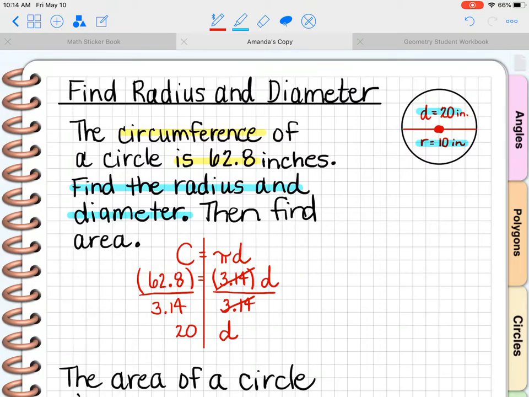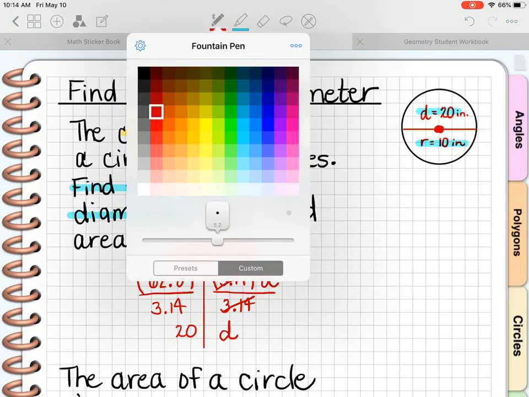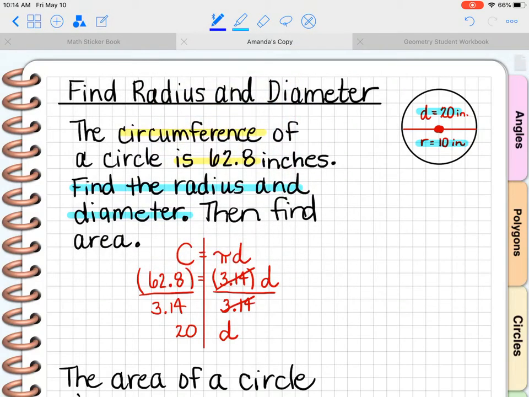Now my last task is to find the area. So I'm going to get a different color. I like this blue very much, so I'll use that. And then I need the area formula for a circle, and that is pi r squared.